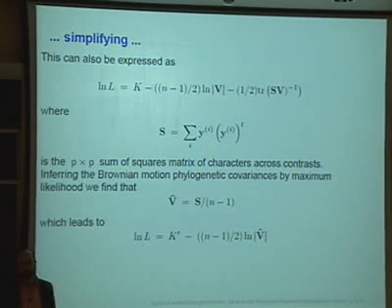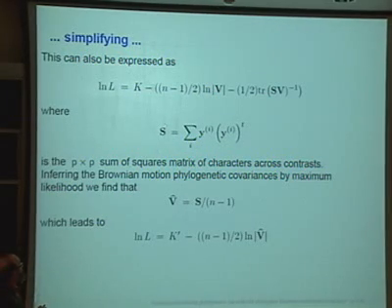It turns out that after you have put the fossils in some particular place and you're cranking through the likelihood and trying to estimate from this the covariances between the characters, you can work out what the estimate should be.